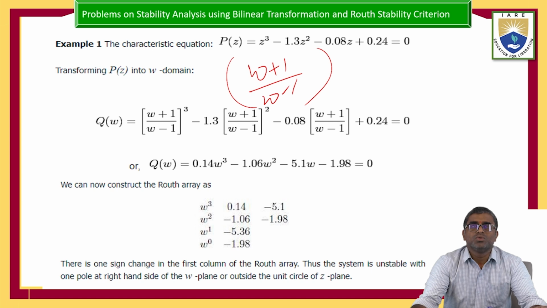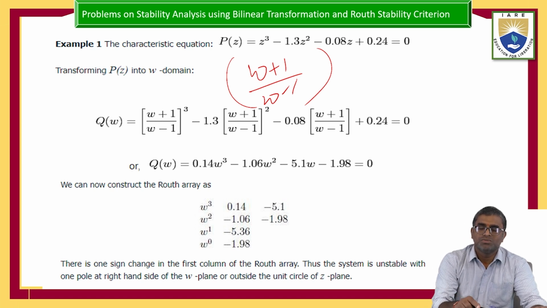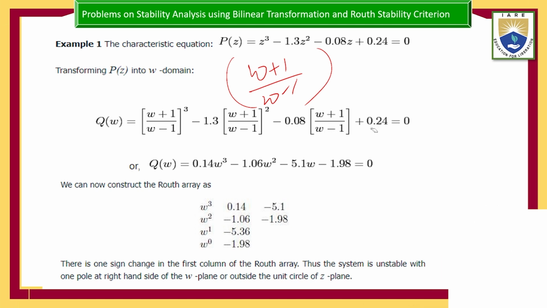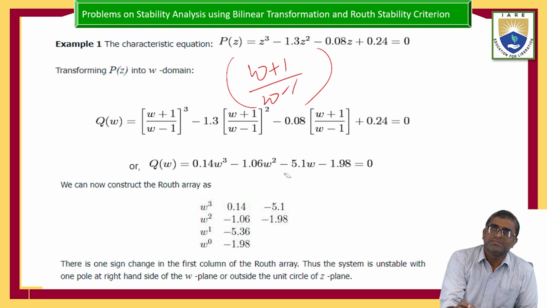So Q of W equals omega plus 1 by omega minus 1 whole cube minus 1.3 into omega plus 1 by omega minus 1 whole square minus 0.08 into omega plus 1 by omega minus 1 plus 0.24. After substituting and simplifying, Q of W is 0.14 omega cube minus 1.06 omega square minus 5.1 omega minus 1.98.